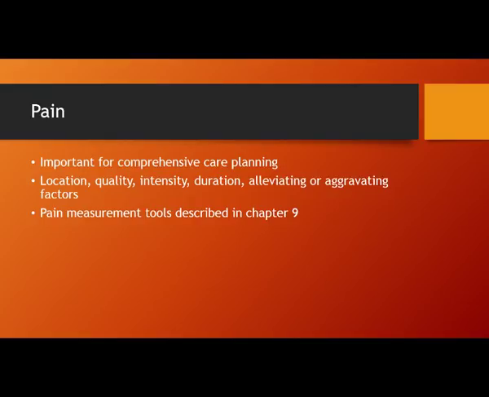You would want to do a COLDSPA on a pain that they complain about, and at a minimum get location, quality of the pain, intensity, duration, and aggravating or alleviating factors. There are various pain measurement tools that we use, and those will be described in Chapter 9.